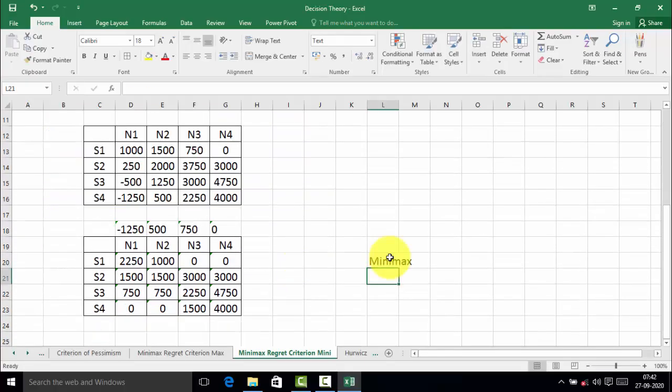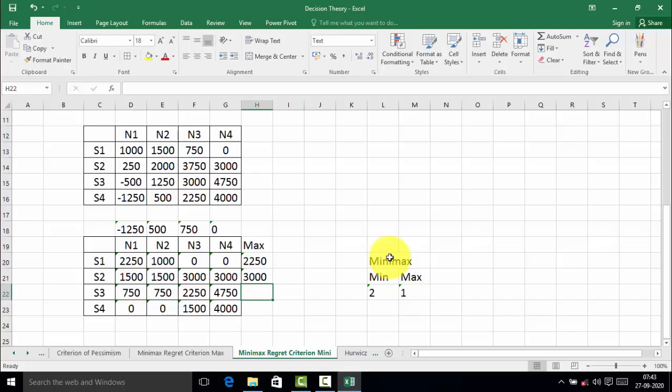The next step is to find the minimax value of this table. We break the word into min and max. First find the max of each alternative and then the min of those maxima. The maximum value in the first alternative, S1, is 2250. In the second alternative it is 3000.